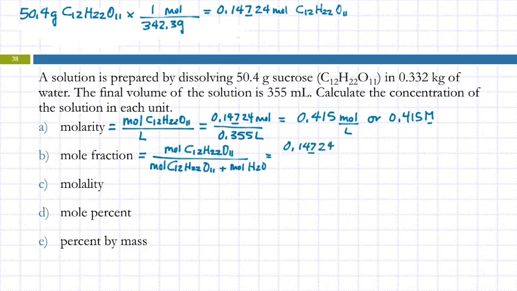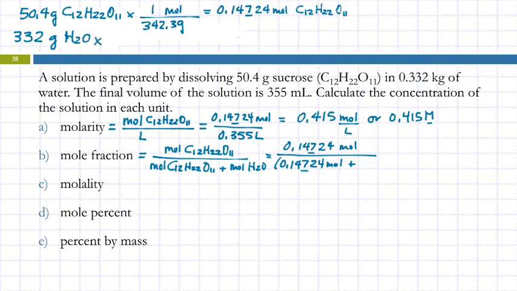0.14724 moles. And then in the denominator, we've got that number again, plus the moles of water. They didn't give us the moles of water. They gave us kilograms of water. Well, I'm going to convert kilograms to grams by multiplying by 1,000, 332 grams. And then that's H2O.